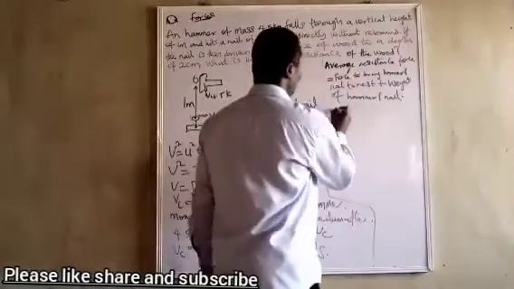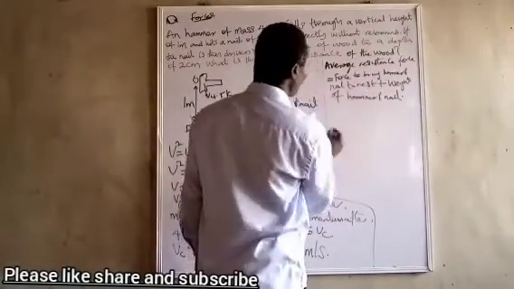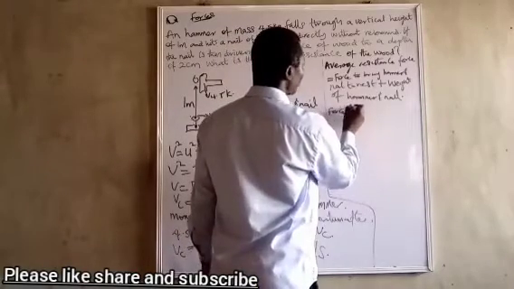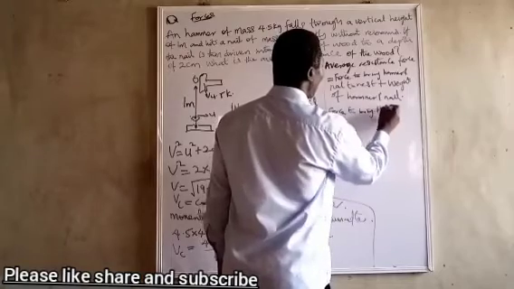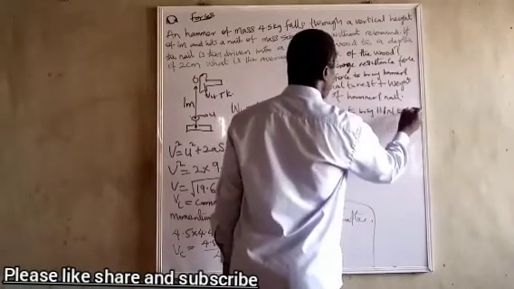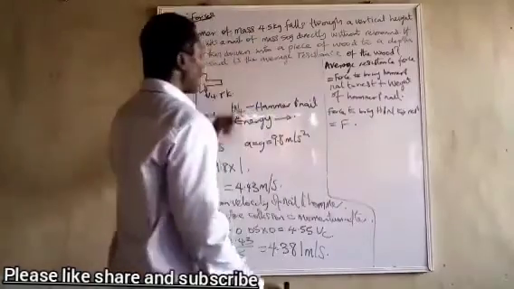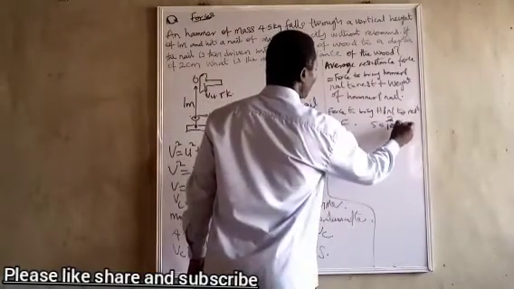Let's first of all work out the force to bring the hammer and nail to rest. Let that one be F. Our S in this instance equals 2 over 100 meters.